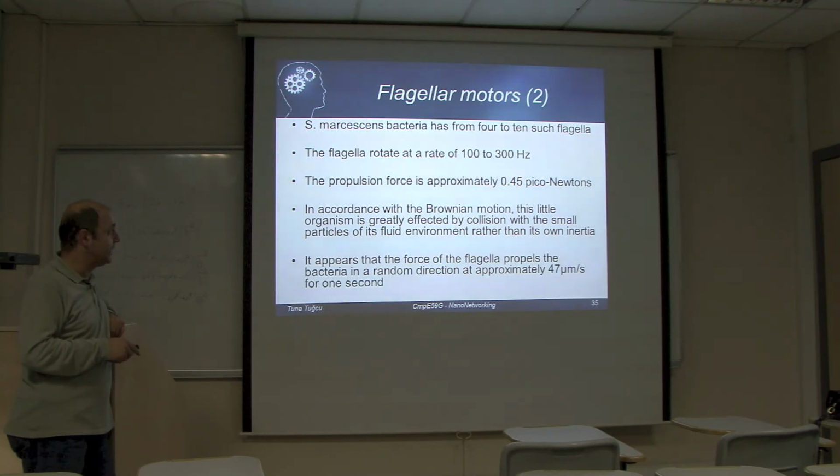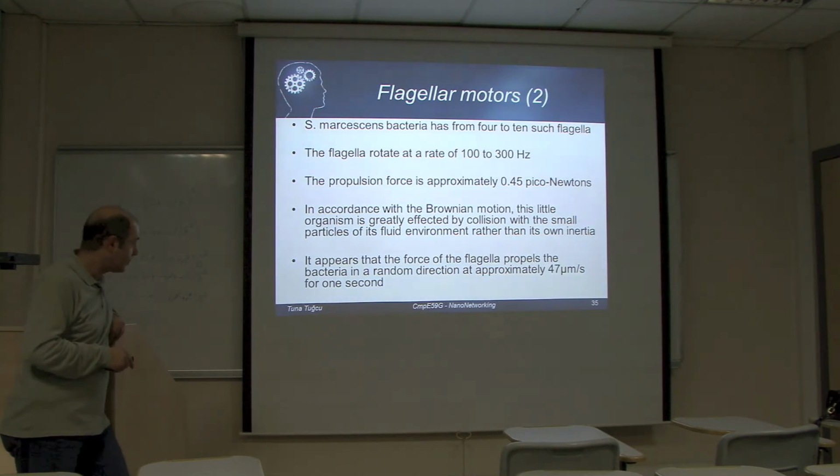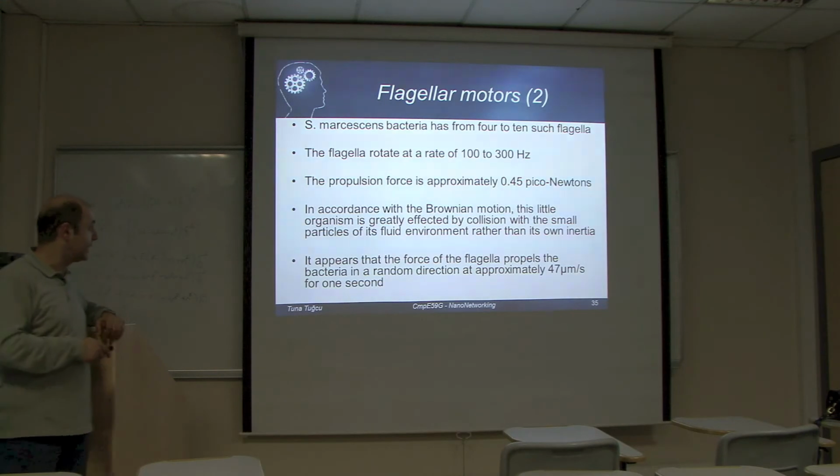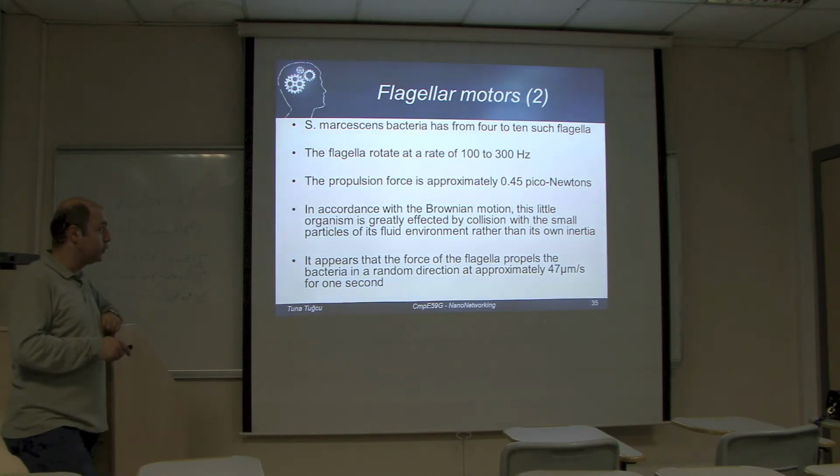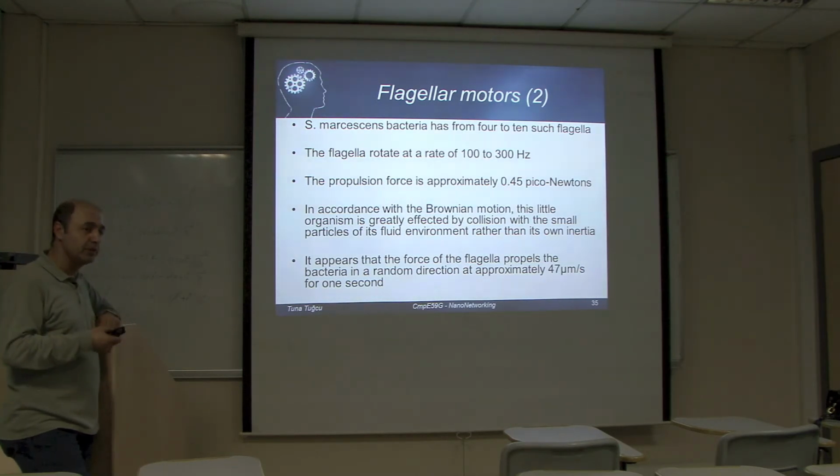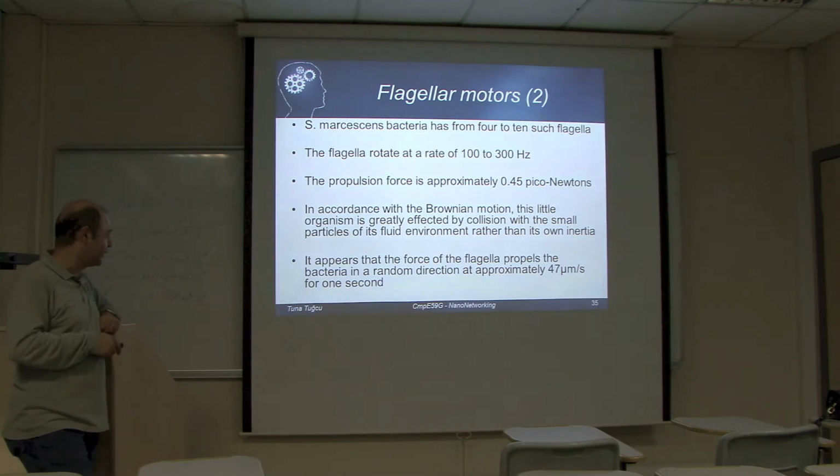And in accordance with the Brownian motion, this bacteria is greatly affected by collision with the small particles of its fluid environment rather than its own inertia. But the more important thing is actually this, it starts turning these motors sometimes in clockwise direction, sometimes in counterclockwise direction. It affects, you'll see.